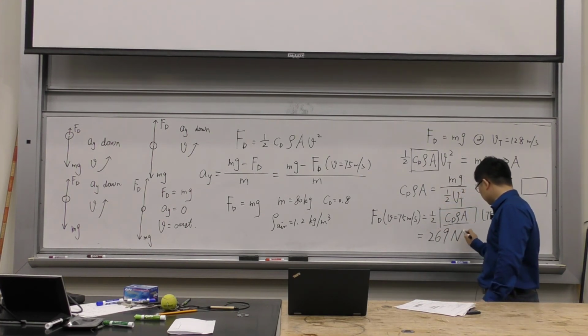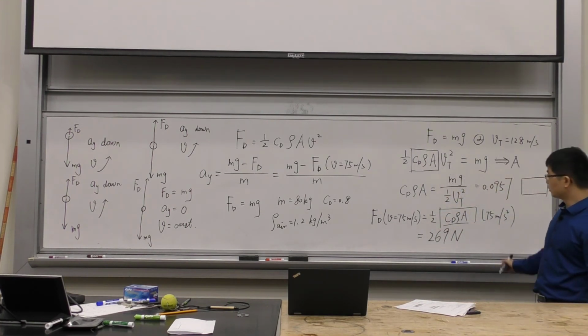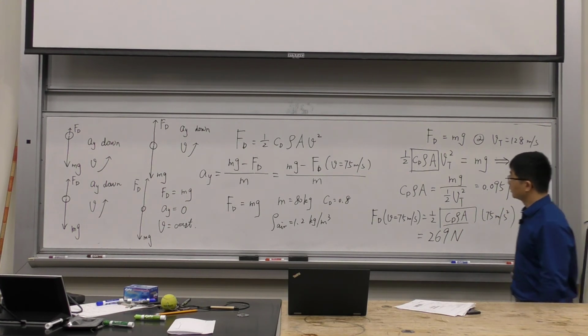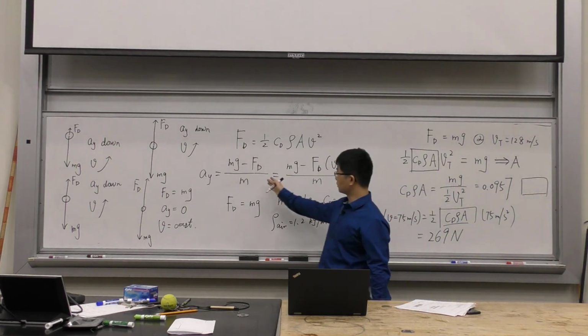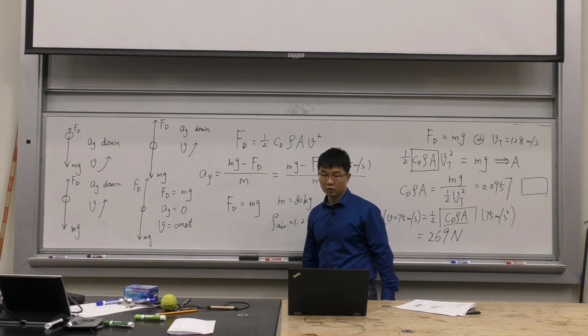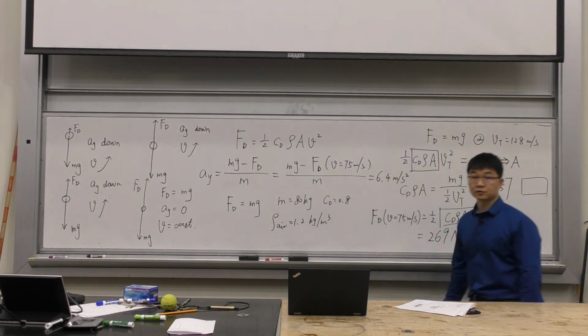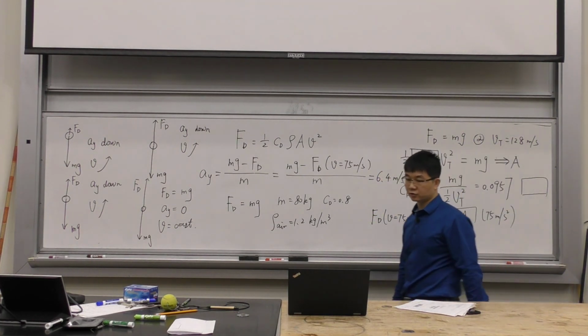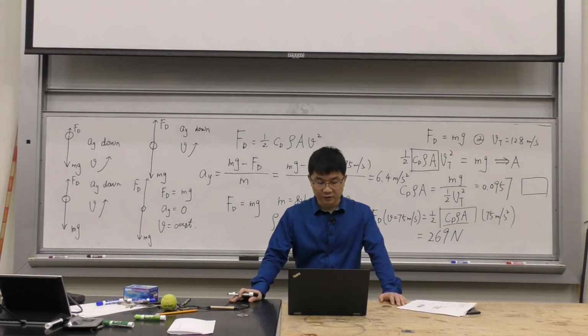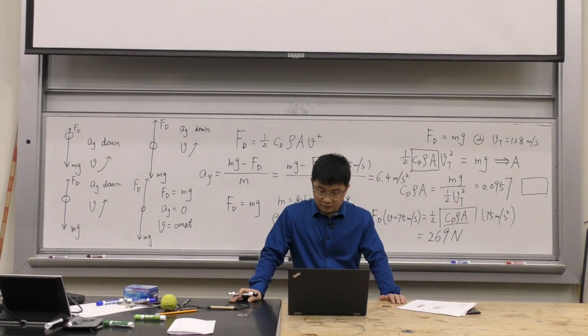So this number I found is 269 newtons. Okay, once you have this air drag, you can plug it into this rearranged Newton's second law. You can find the acceleration. It's going to be 6.4 meters per second squared. So this is the acceleration of the skydiver when her speed is 75 meters per second.